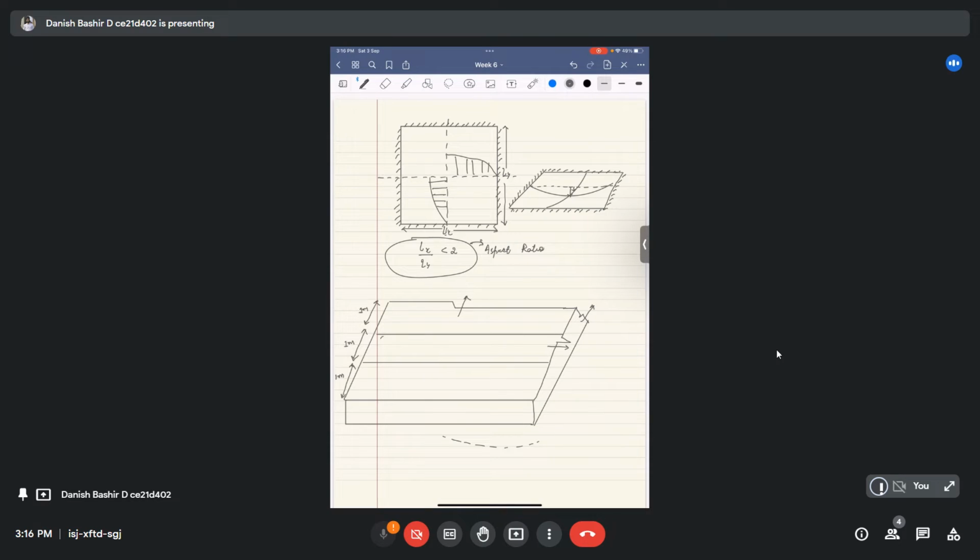We get a beam section like this. We have a width of 1 meter, and the depth will be the gross depth D of this slab.